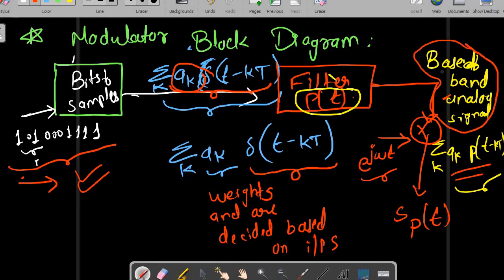But this baseband signal has some limitations that we will see, and that's why there is a need to convert it into a passband signal, using this complex rotating exponential. So let's start how to proceed.